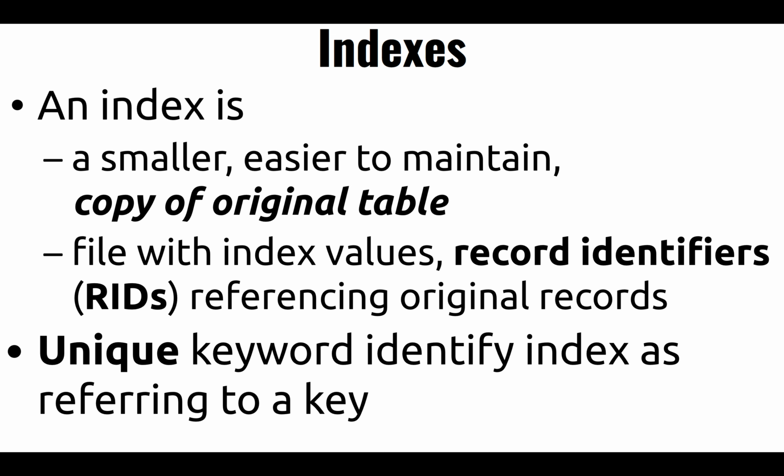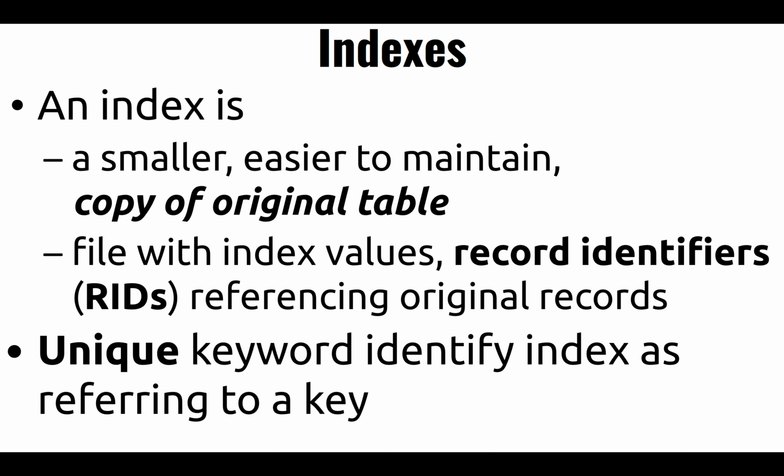The index version of the table is going to be a smaller version of the original table. It's just going to have the field by which you're indexing, plus just a reference of where the original record was, right? Once I find the index that I'm looking for, what I'm going to find there is not the original records, not the original fields.